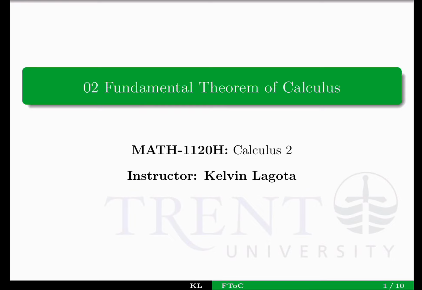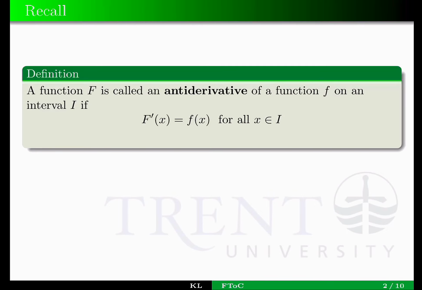So let's get started. First, we recall the definition of antiderivatives. A function capital F is called an antiderivative of a small function f if the derivative of the capital F is equal to the small function f.